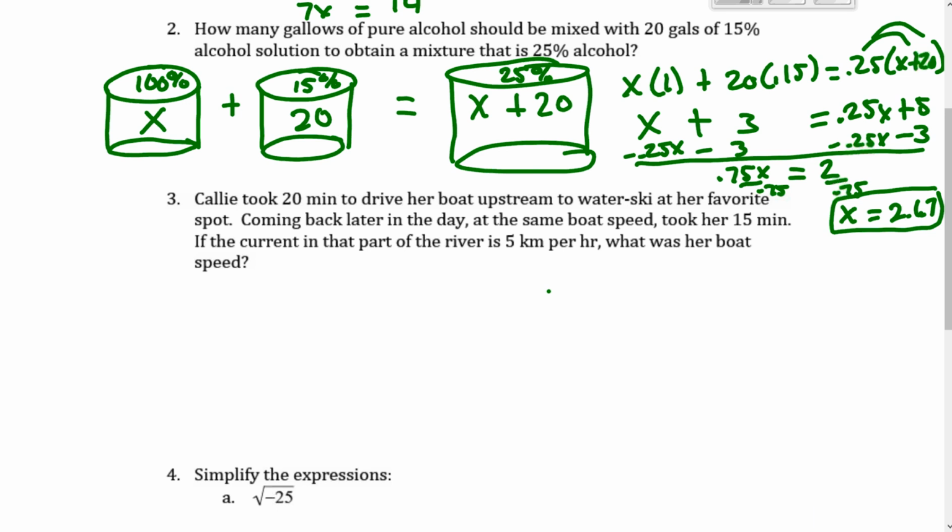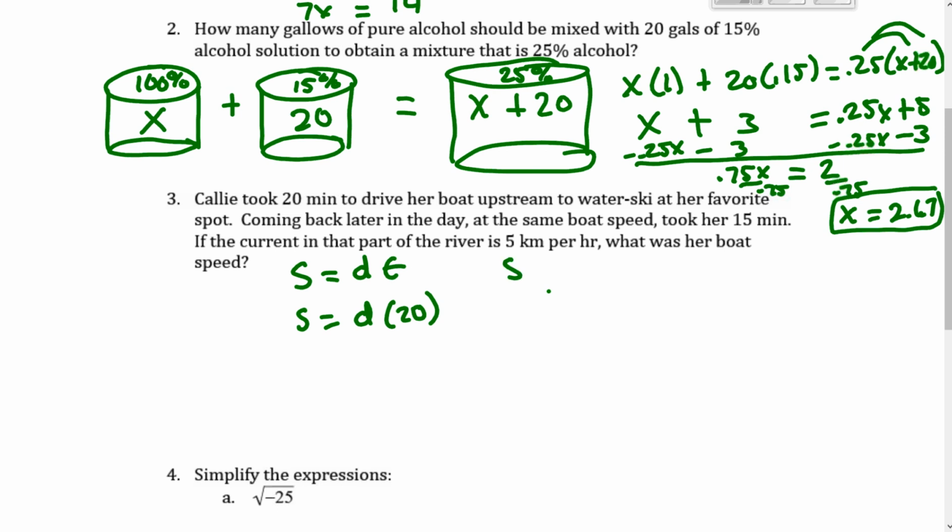So her speed was the same both ways. So we're after her speed here. Her speed on the way there is equal to distance over time. We don't know the speed, but we know her time is 20 minutes. We don't know the distance. That's okay.